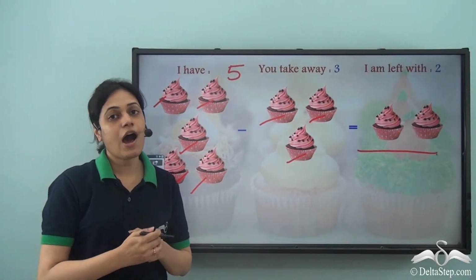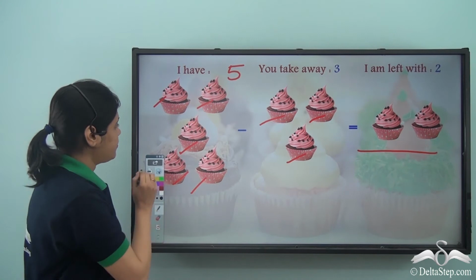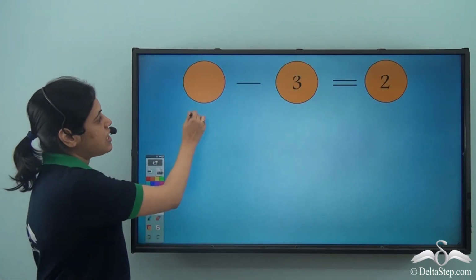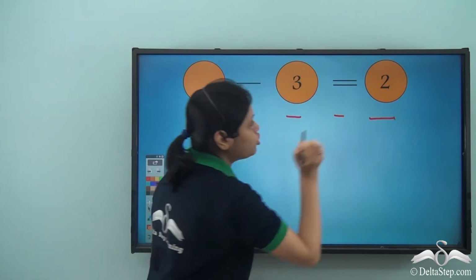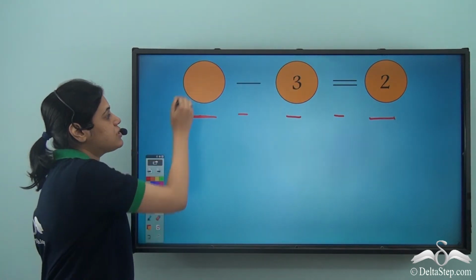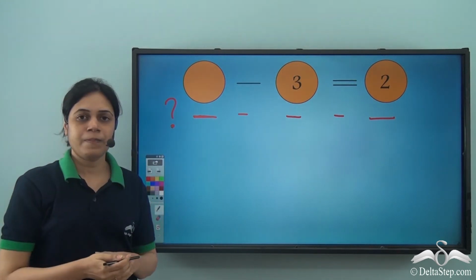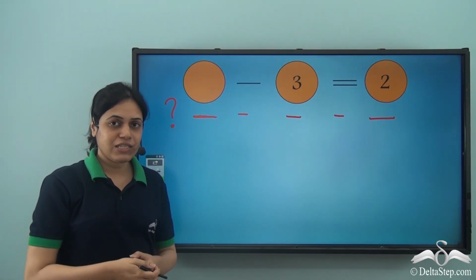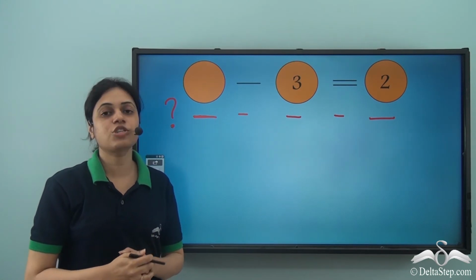So this is how you can find a hidden number. So something minus 3 is equal to 2. Now what is this number? I need to find this number. So I can find it by trial and error. What we did right now is called trial and error.